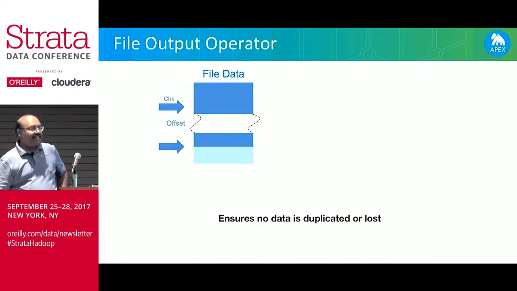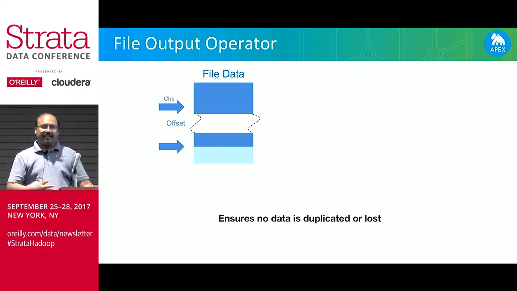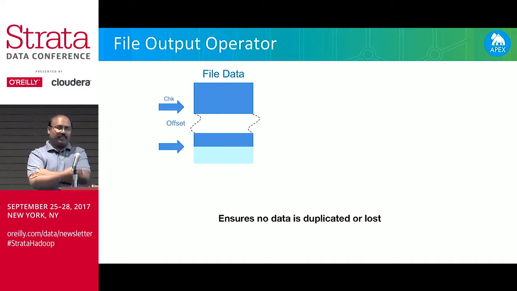Then let's look at a couple of examples of what the output operators need to do so that the entire processing is exactly once. Let's take the file case. There's a file output operator writing data to files. By file here, it could be HDFS, or any files, even NFS. As data is coming in, it writes data to the file, but it keeps the offset of the file in its memory. That's the state, so the offset gets checkpointed.